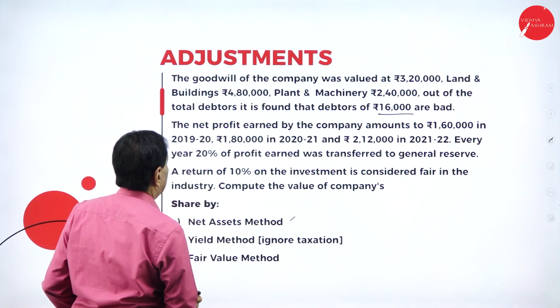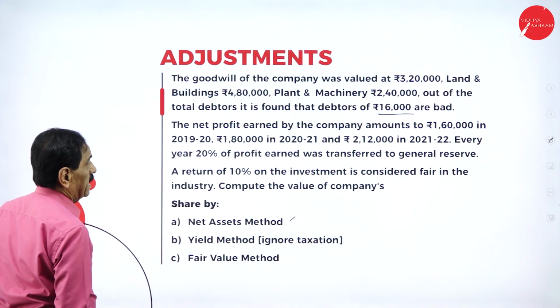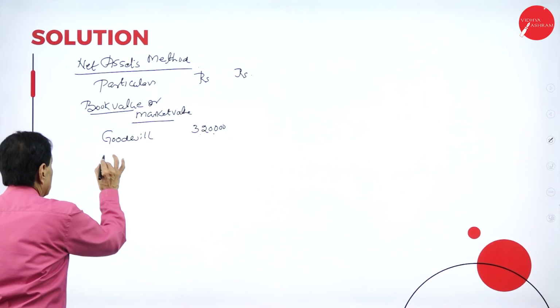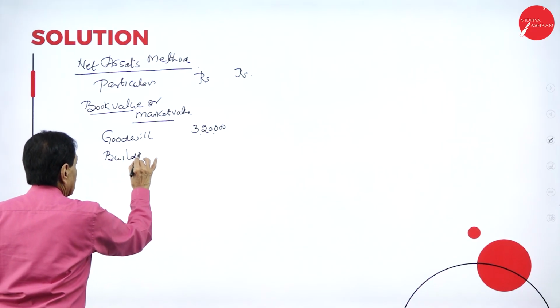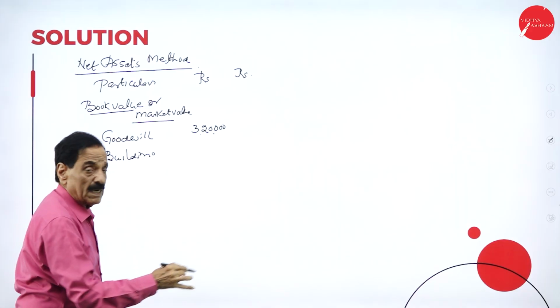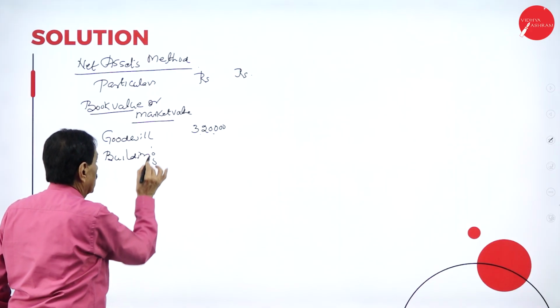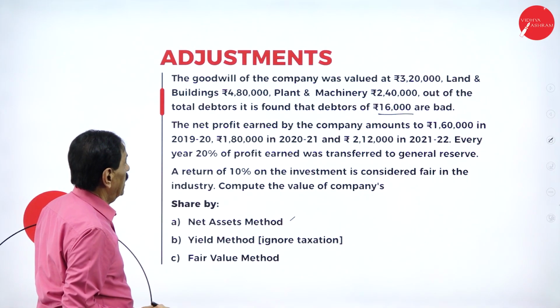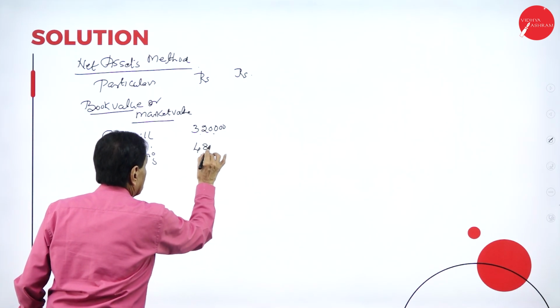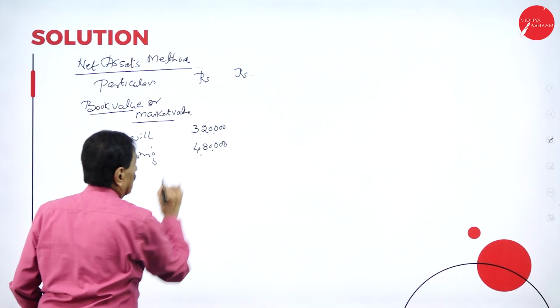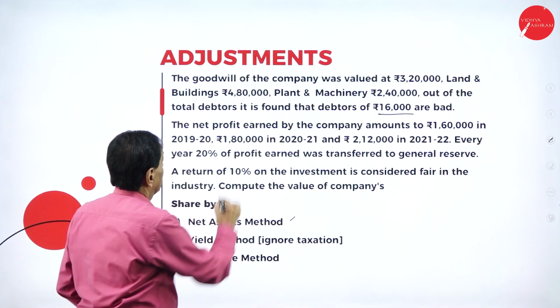So one more, buildings, 4,80,000. Buildings over.